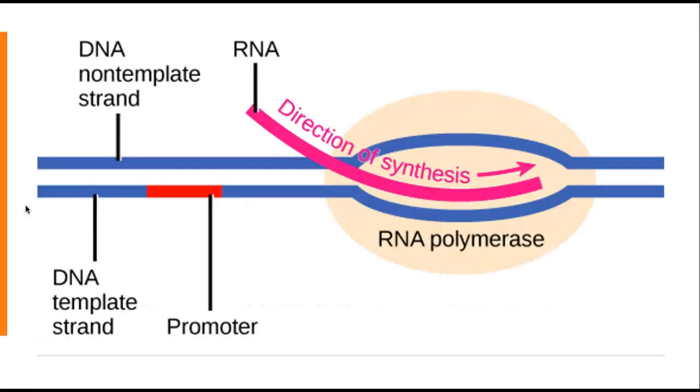So here's a look at basically what this would look like. Here's the promoter, and your RNA polymerase enzyme would attach here when it's ready to start creating this messenger RNA. And remember that there's a direction in which this thing is synthesized, meaning that the nucleotide can only be added on to that free 3' end.